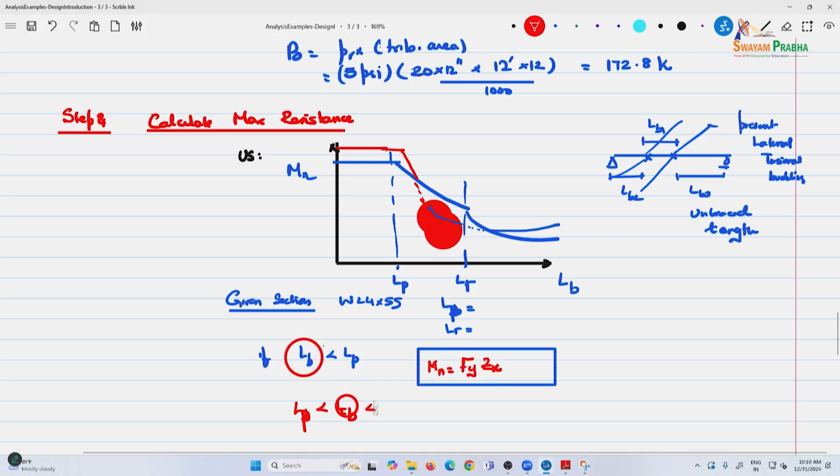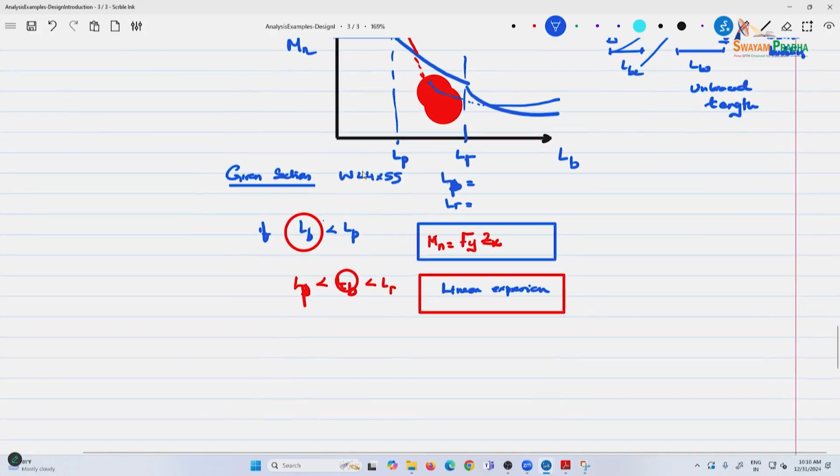If the unbraced length is between these two, it is a linear variation, given by another equation. Basically, it is a linear expression. We will not spend time on it. This is inelastic lateral torsional buckling, and this is plastic section capacity.